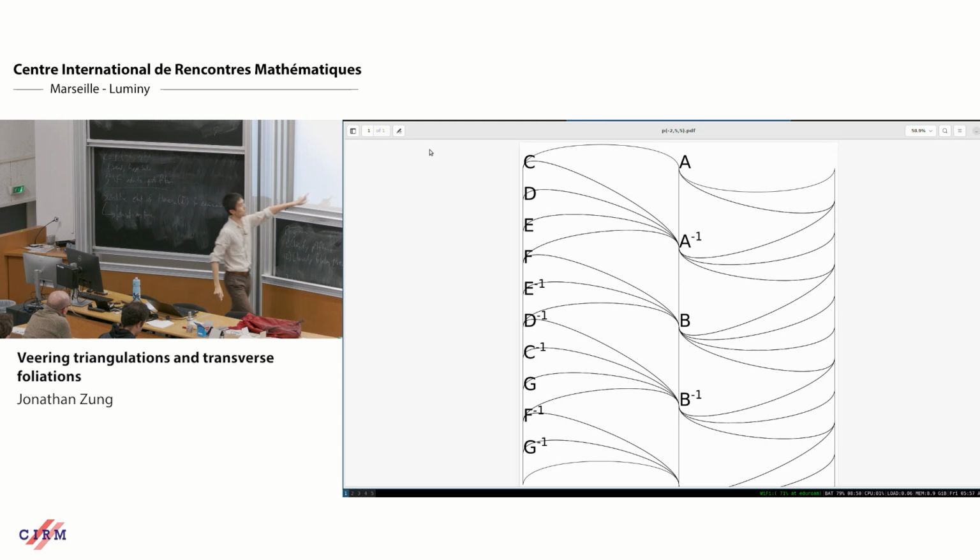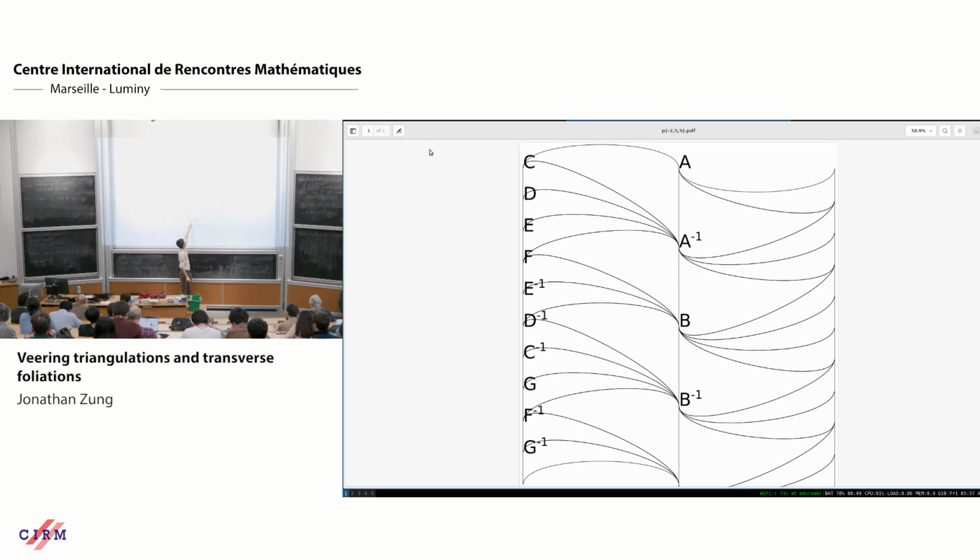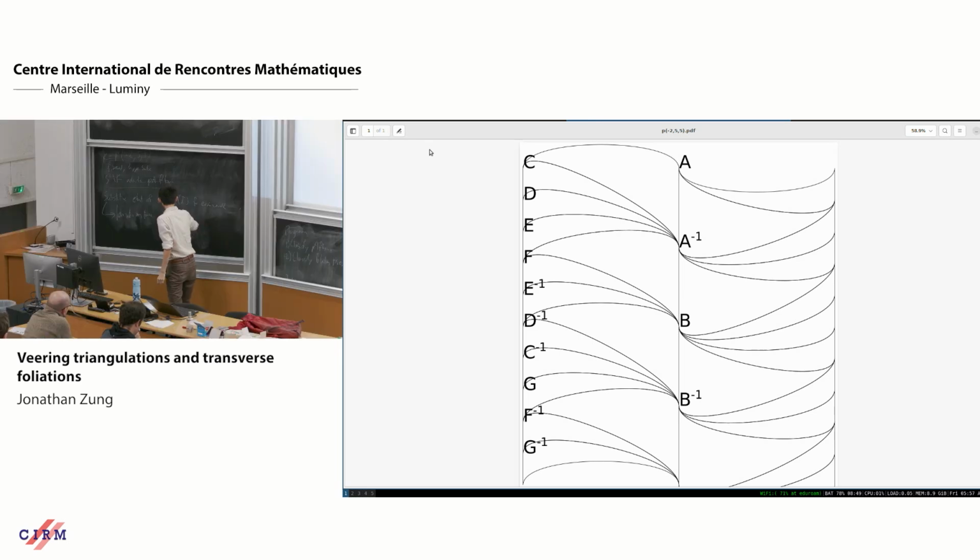You'll notice that at each of these junctions, you have a bunch of incoming branches and some outgoing branches. And so you're supposed to thicken up this picture so that each of the edges is trivially foliated. And at each of the junctions, you have some incoming bundles and some outgoing bundles. Okay.